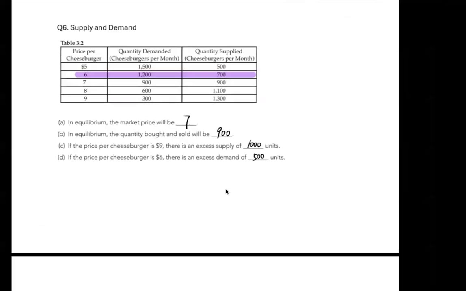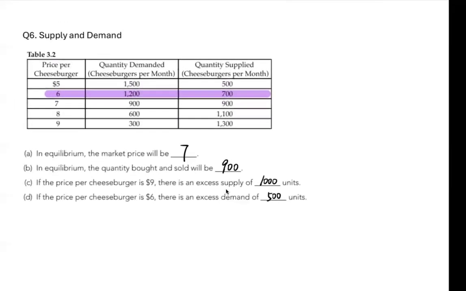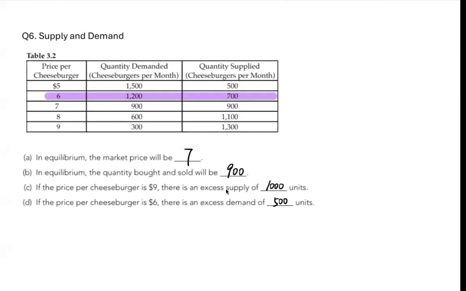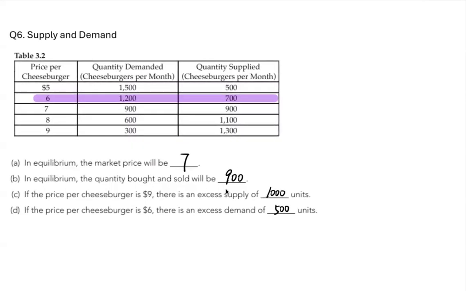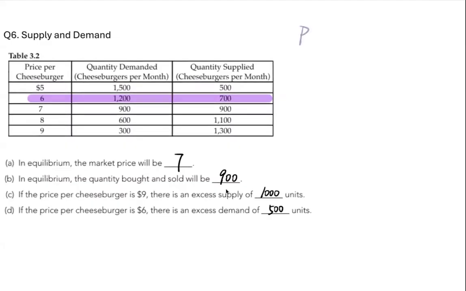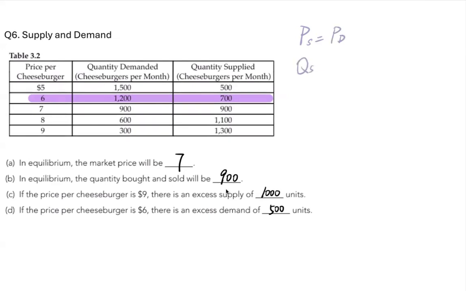Okay, and for question 6, it's about the numerical result. Remember, in equilibrium, the price of supply equals the price of demand, and quantity supplied equals quantity demanded.